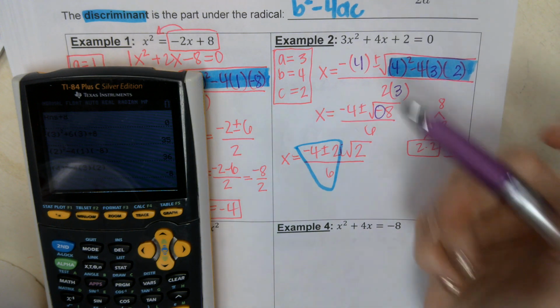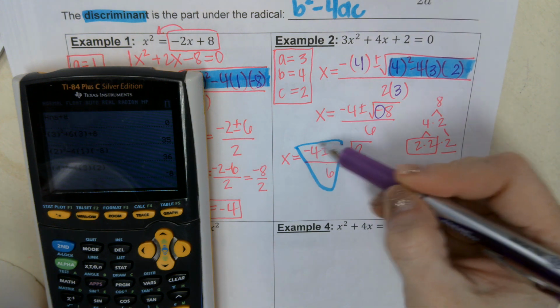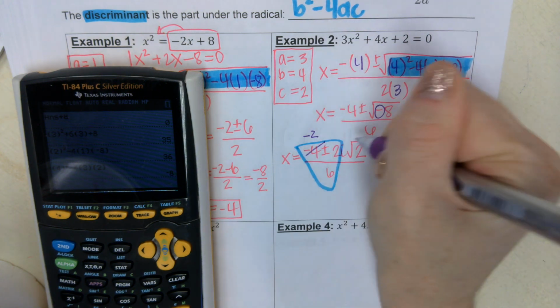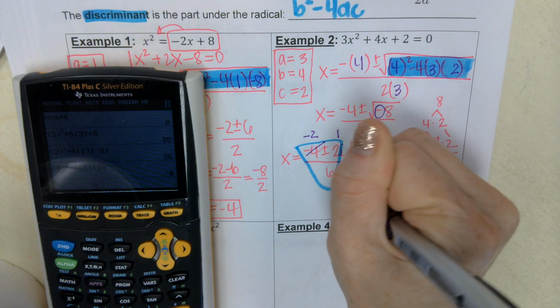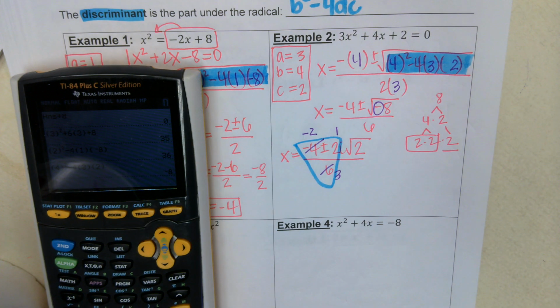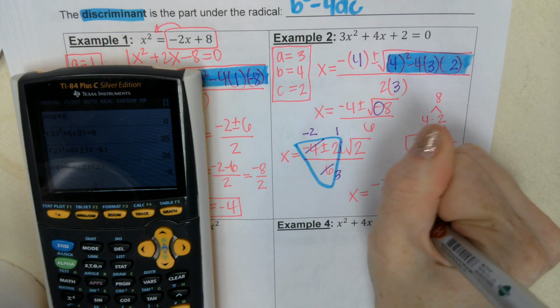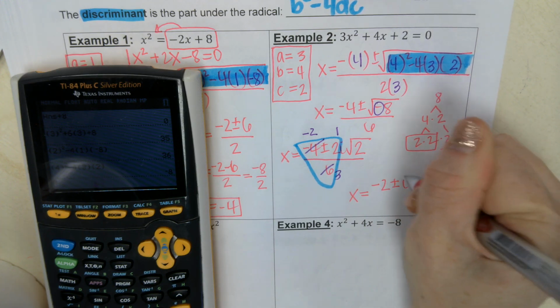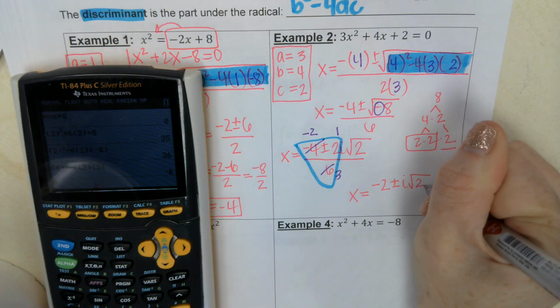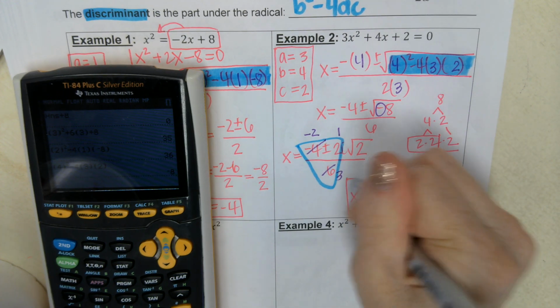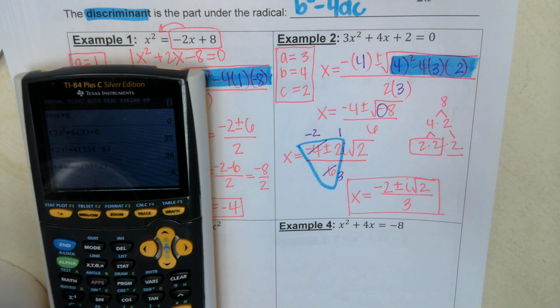Do they all share a common factor that I can divide out? Yes, I can divide out a 2. That leaves me with a negative 2, a 1, and a 3. So my final simplified answer here is negative 2 plus or minus i root 2 all over 3.